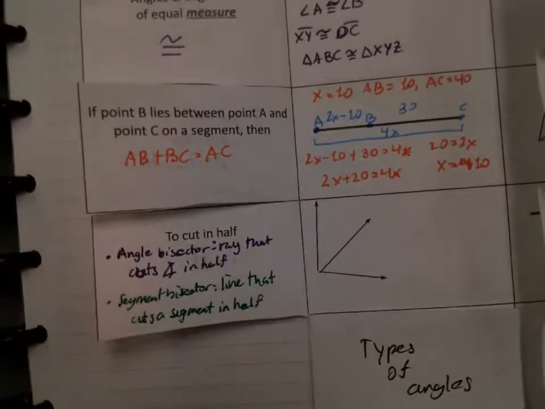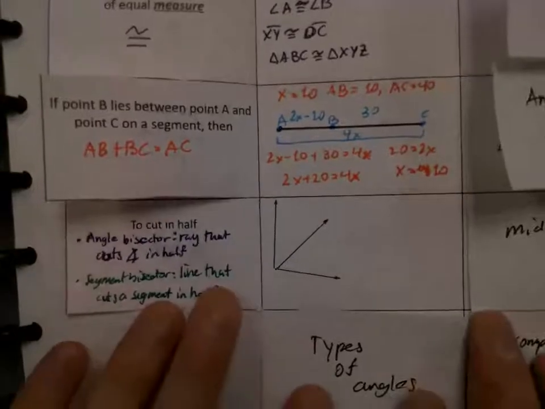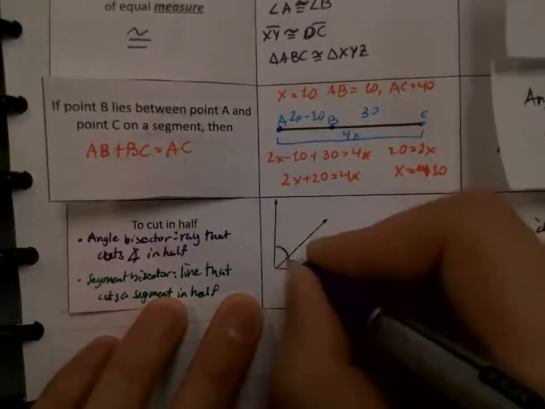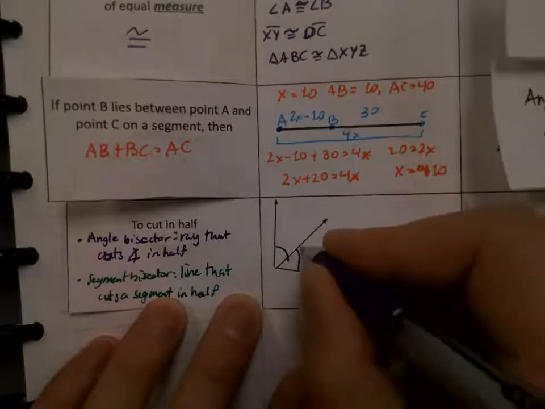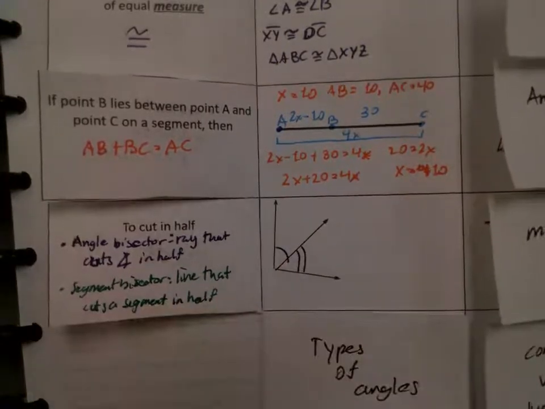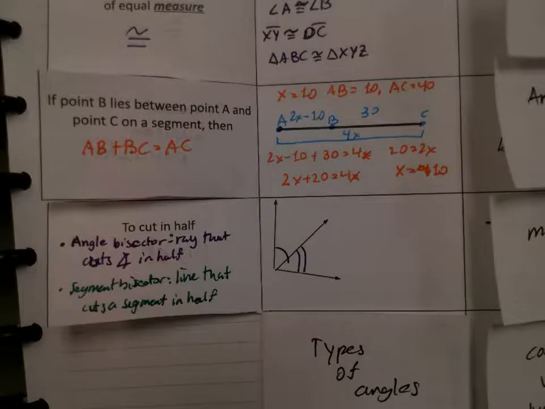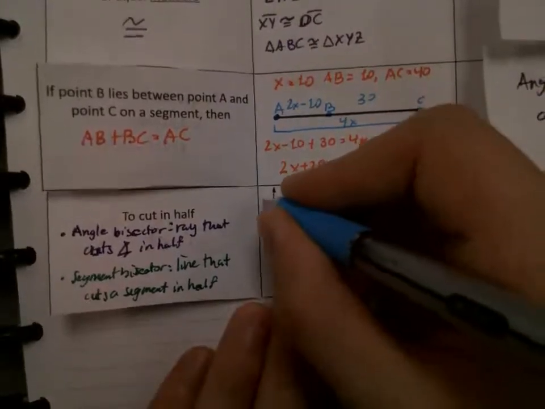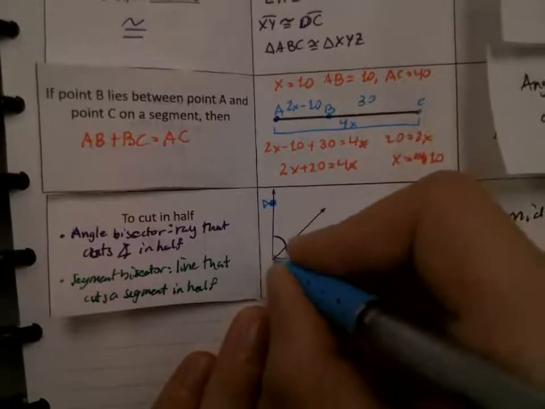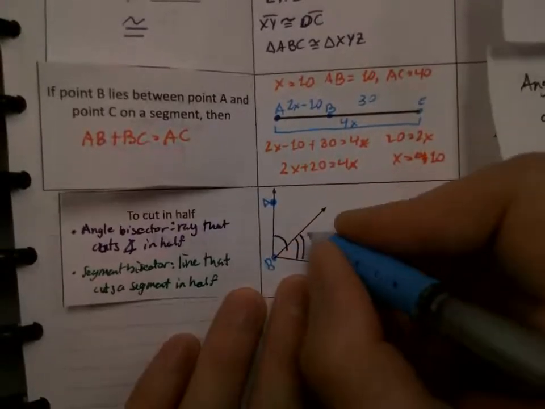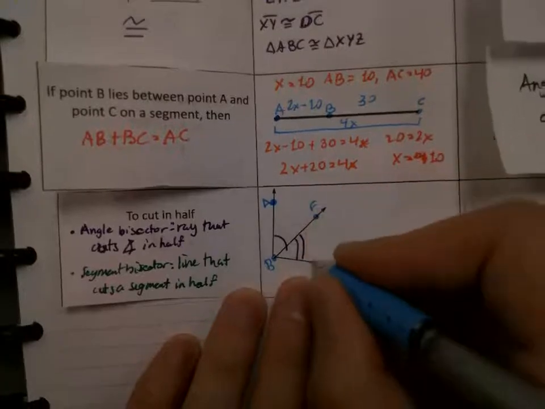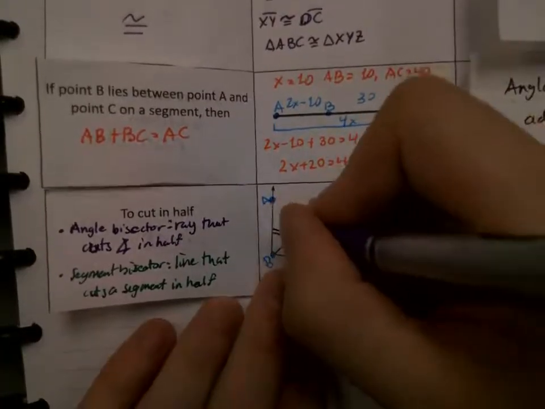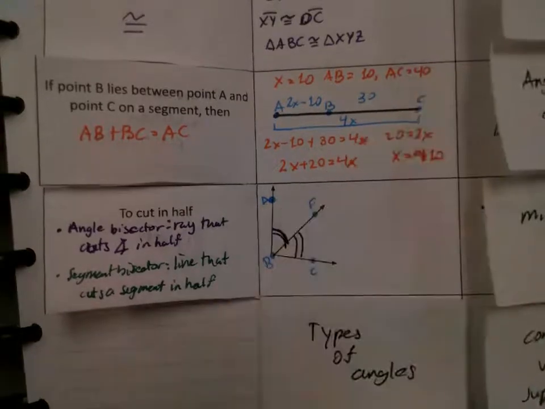Now, what that means, while you're writing that down, is that if I have an angle here and an angle here, and let's label this A, B, F, and C. I want these angles to be the same, so I'm going to double line them.